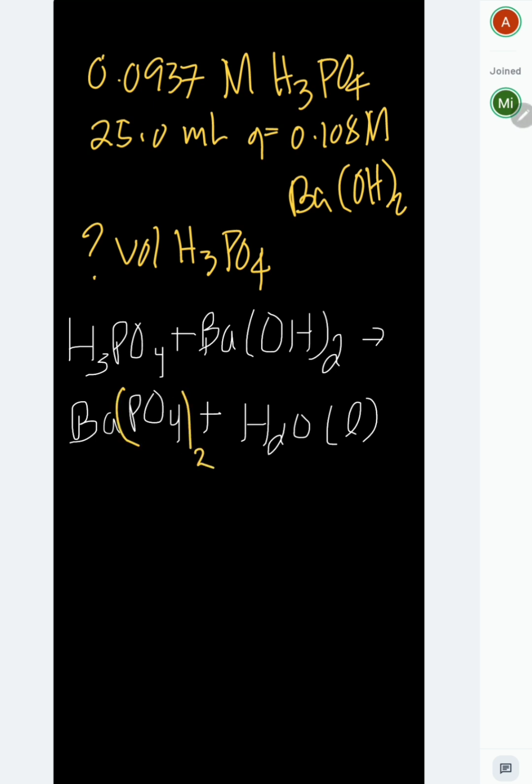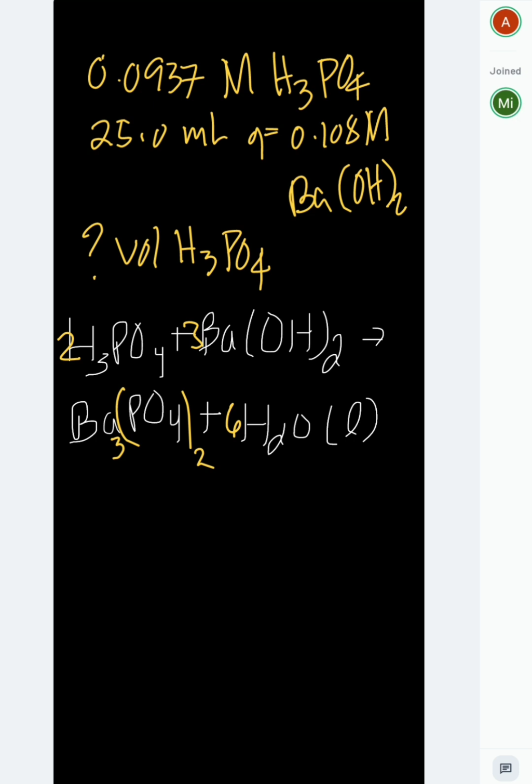And then you balance. So that is 2 here, right? And 3 Ba, because you have 3 here. Ba3(PO4)2. And then your water. Water is 6, 12. Yeah. So 2 H3PO4, 3 Ba(OH)2. Okay, that's now balanced.